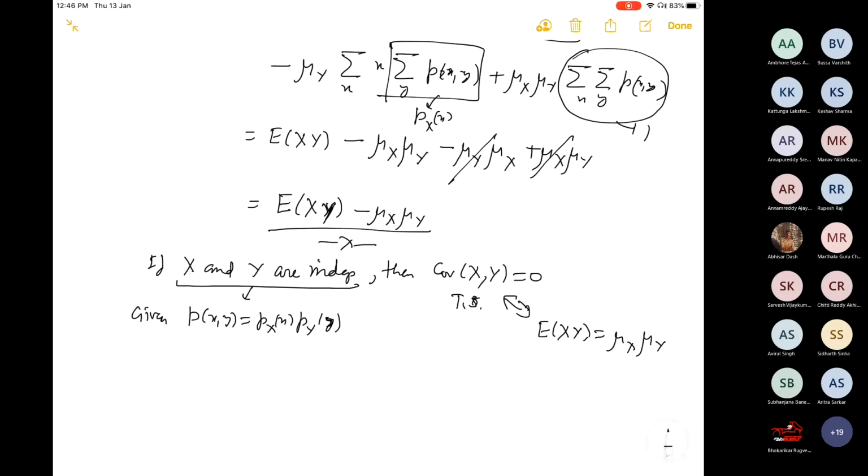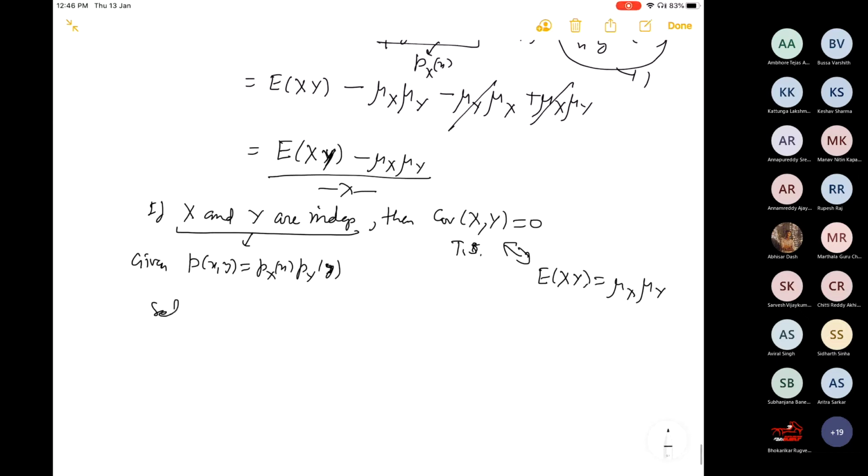So let us start from one side. The expected value of XY is the double summation of xy p(x,y).